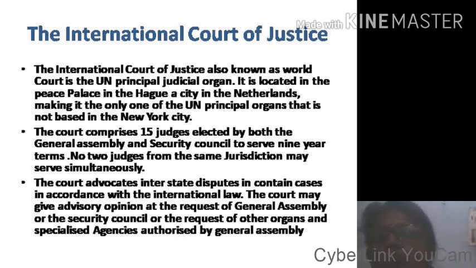So the court adjudicates interstate disputes in contentious cases in accordance with international law. The court may give advisory opinions at the request of the General Assembly or the Security Council, or at the request of other organs and specialized agencies authorized by the General Assembly.